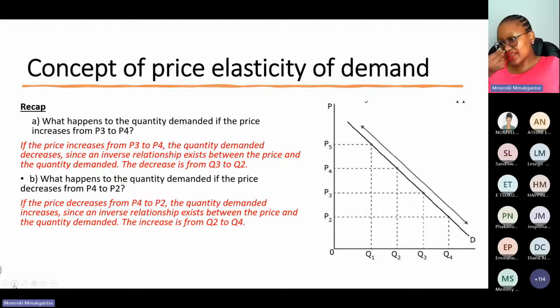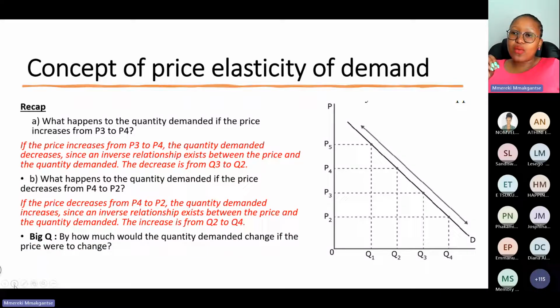If the price decreases from P4 to P2, the quantity demanded increases since there's an inverse relationship that exists between price and quantity demanded. Remember from lesson one when we were talking about the characteristics of the relationship between price and quantity in a demand curve.